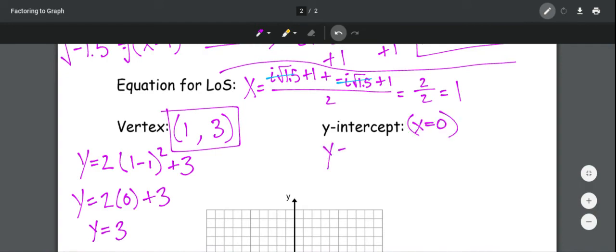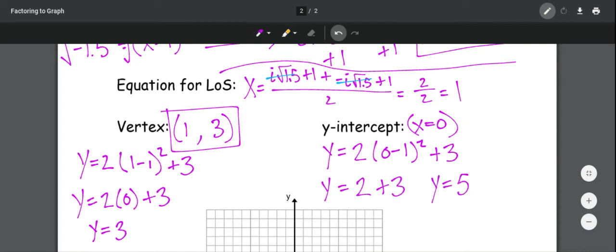Now, when I put in a 0, 0 minus 1 is negative 1. Negative 1 squared is 1. 2 times 1 is 2. So my y-intercept is going to be 0, 5.